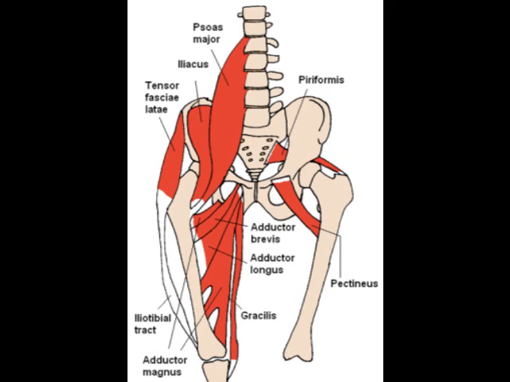On the left side, you see the tensor fasciae latae, and then this is the most important part: the adductor magnus, adductor longus, adductor brevis, and the gracilis.